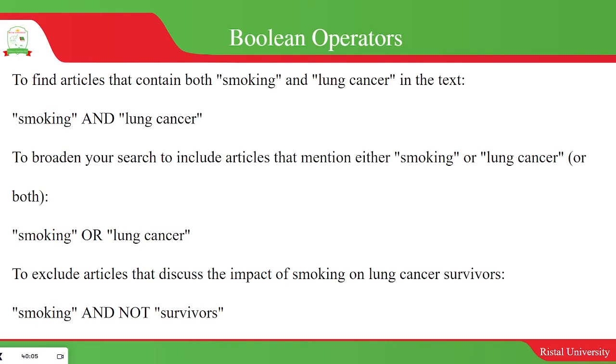Sometimes, for example, if you want to do a search on Google, you may be interested in searching for a certain word, but you want the information about that word to come from a specific source. Let us say you're searching for lung cancer treatment, but the article should come from a government source.